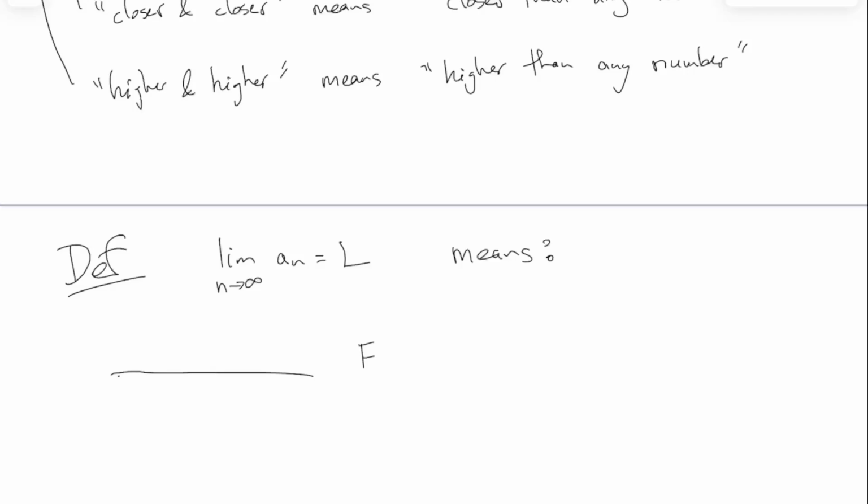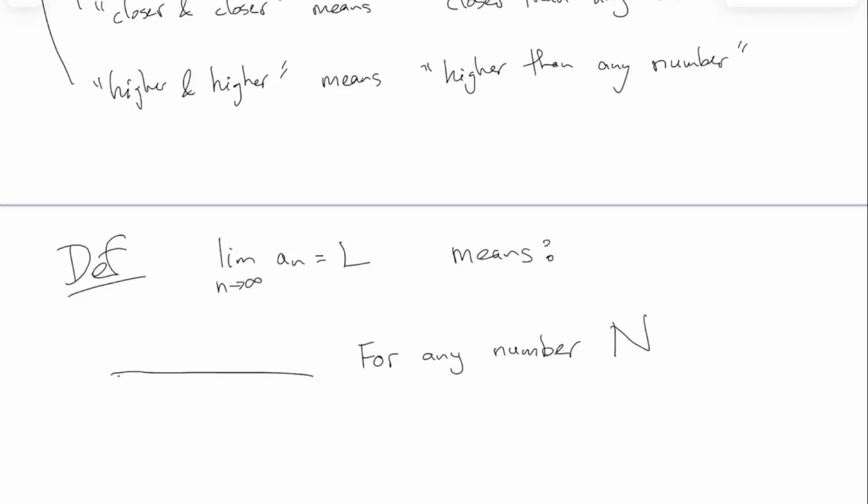I'm going to write the higher and higher bit first. For any number big N, this is about the higher and higher thing. Higher and higher means higher than any number you can imagine, and this big N is meant to represent any big number that you can imagine.